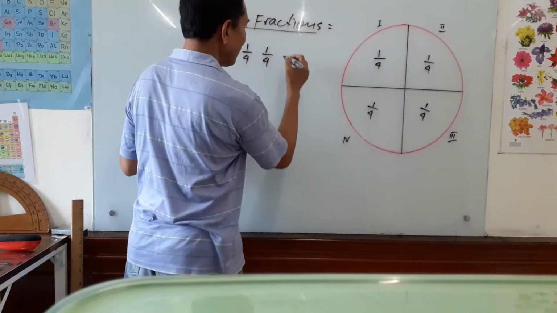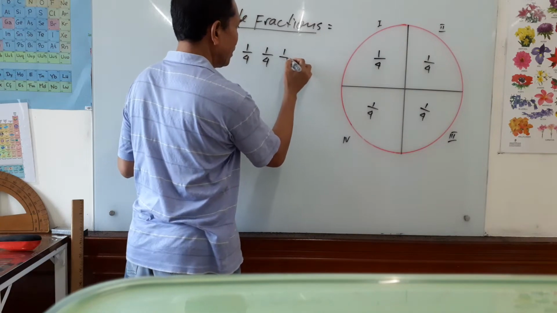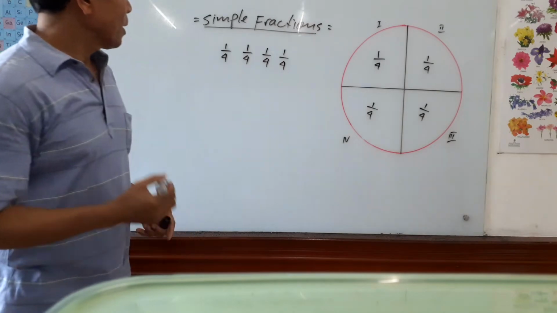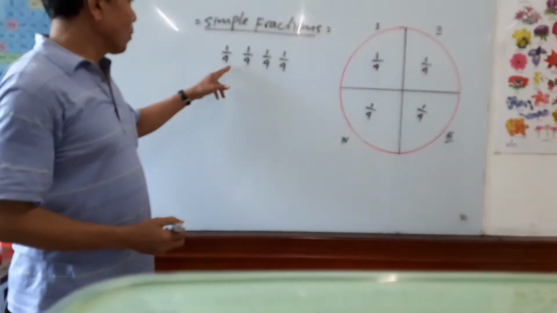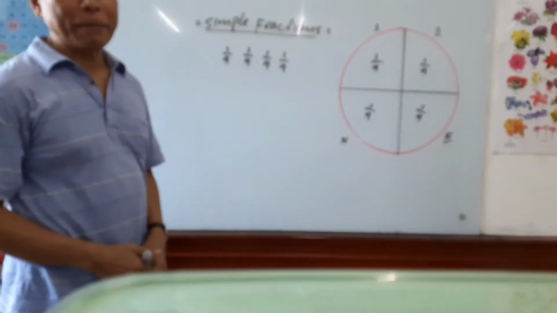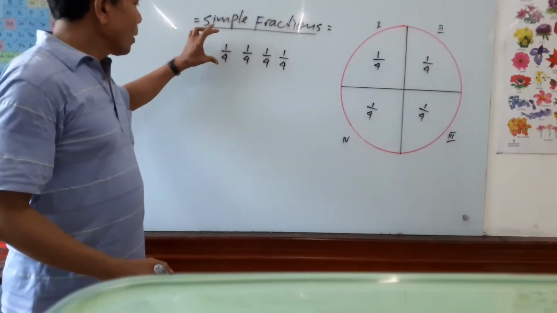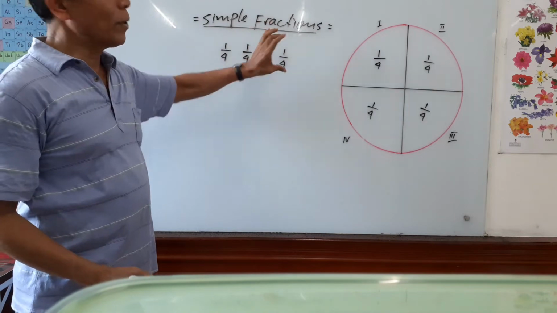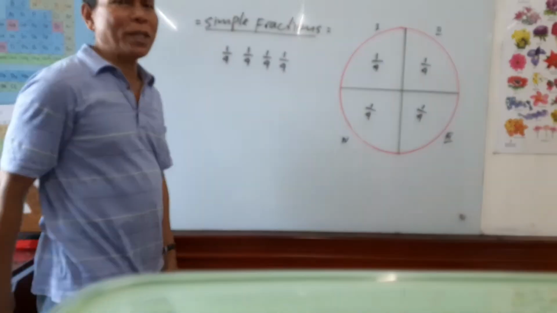And this one also, we put it here. 1/4. Now, so we have 4 1/4 now. 1, 2, 3, 4. Okay. A student gets this one, a student gets this one, and 1 gets this one. So you have your own share now.